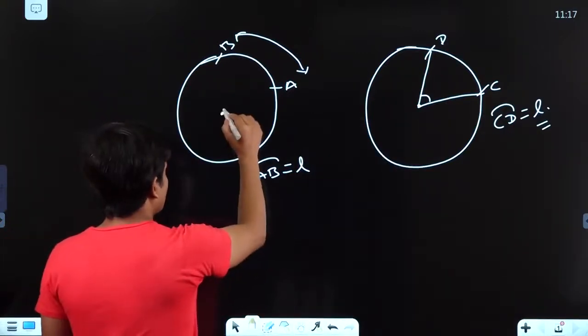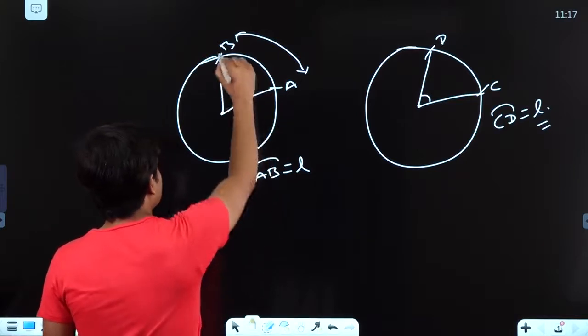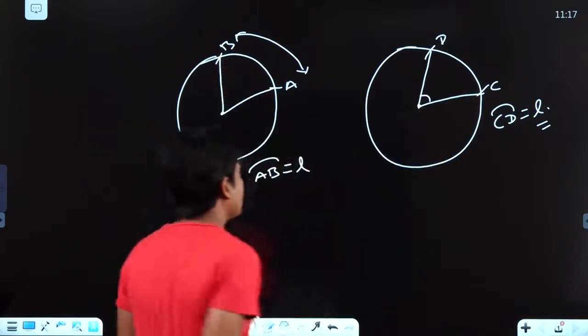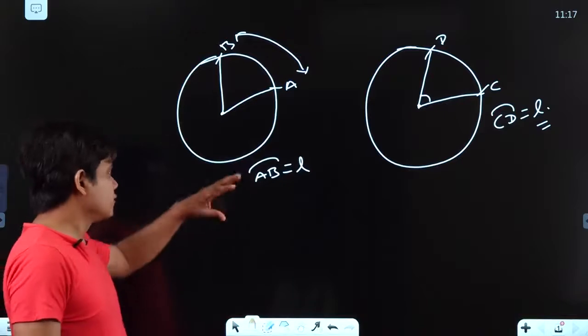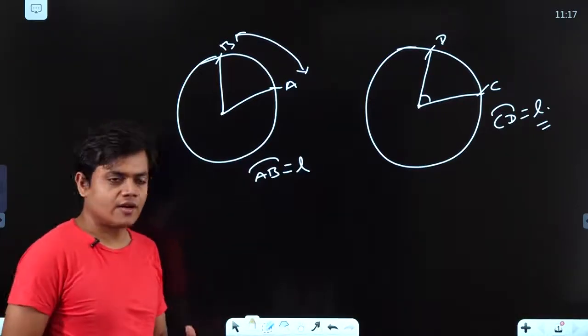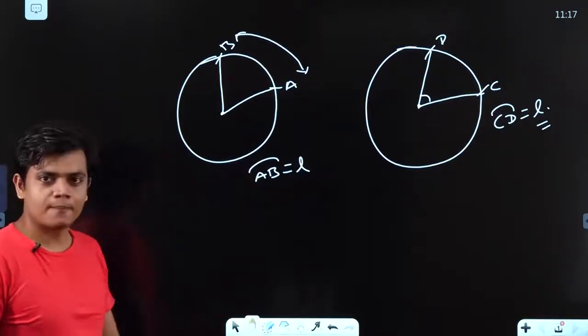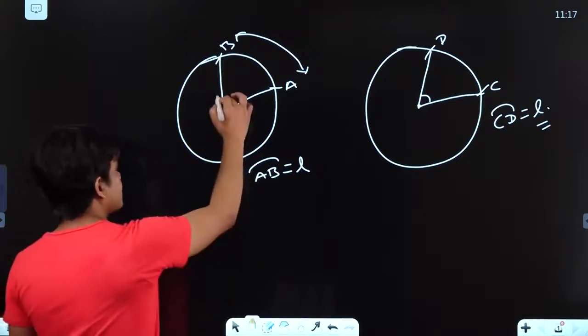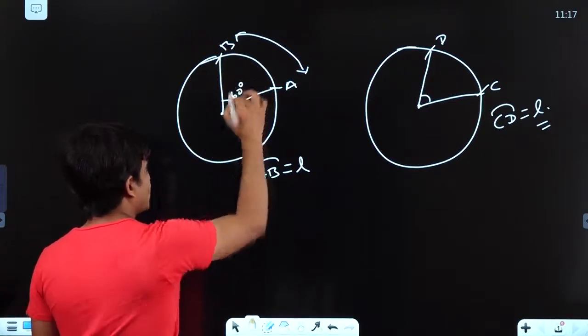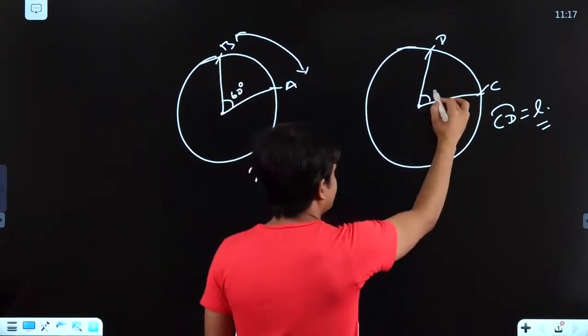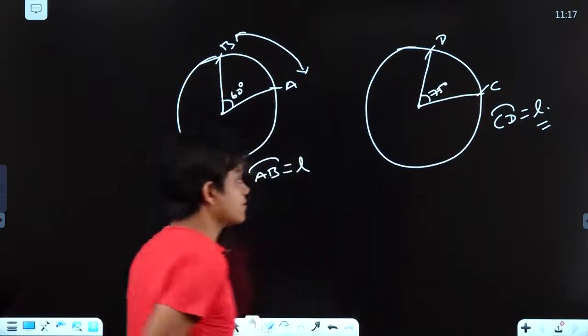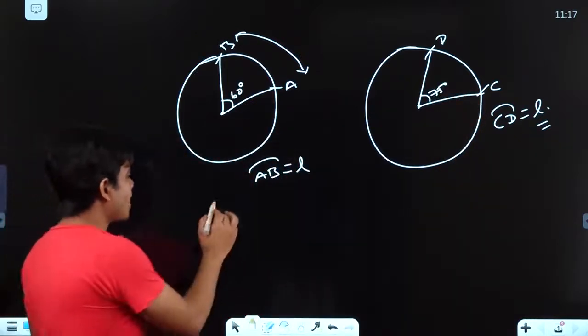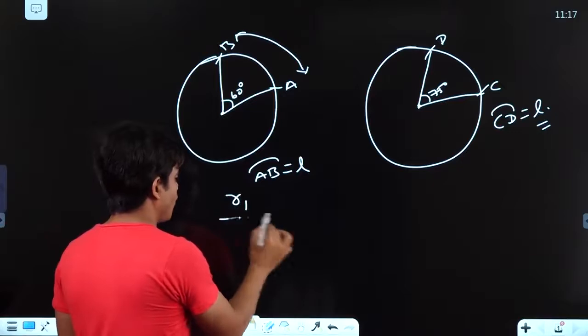So what the question is saying, two different circles are there and the arc length is the same, but one makes 60 degree, another makes, call it 75 degree. Then what will be the ratio of the radius?